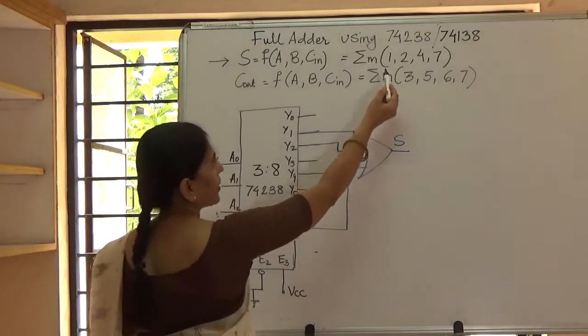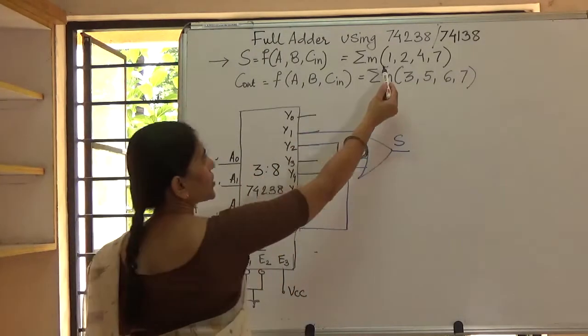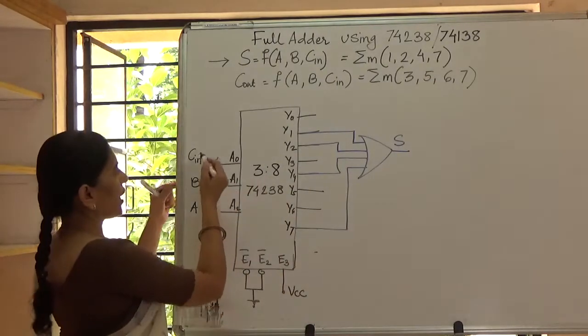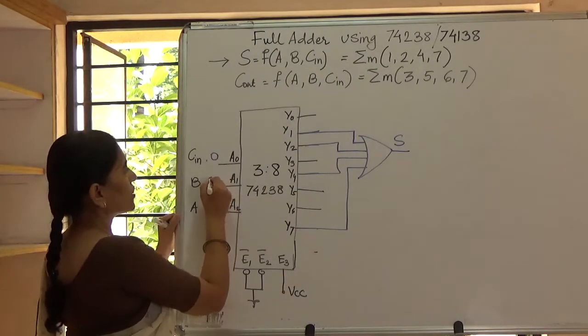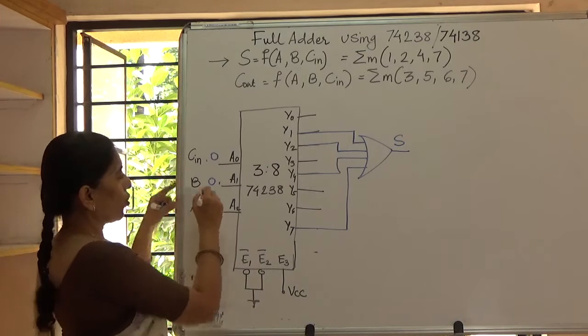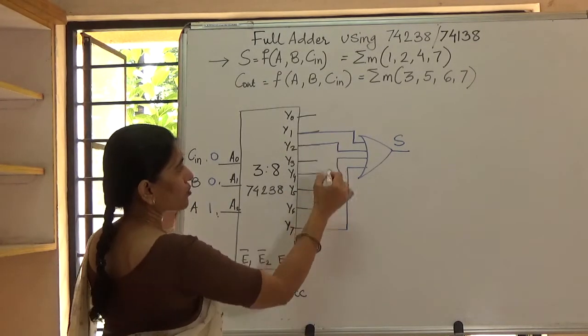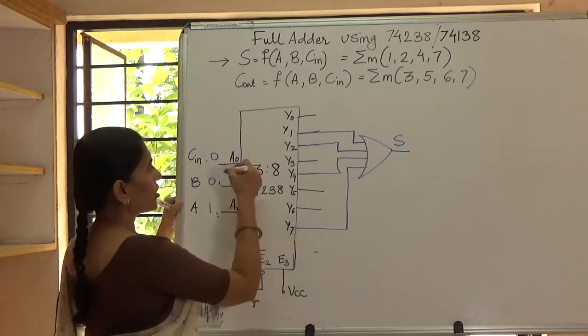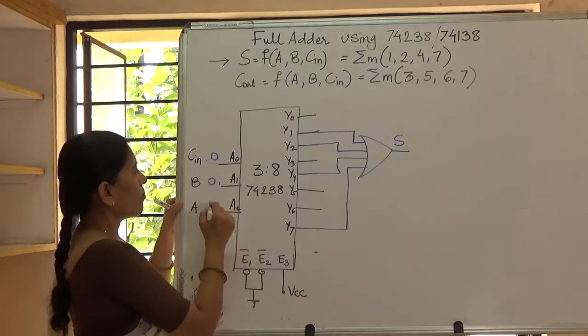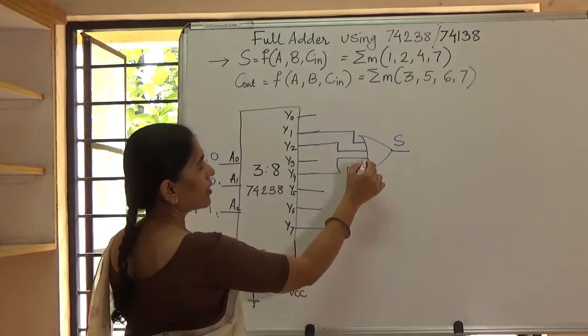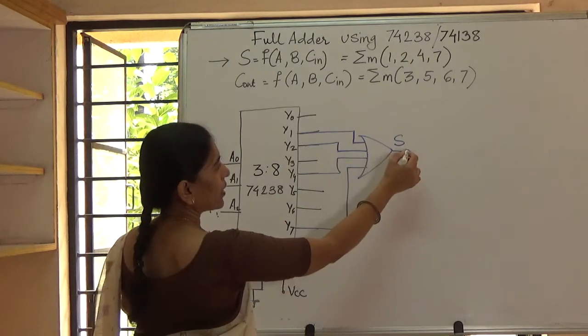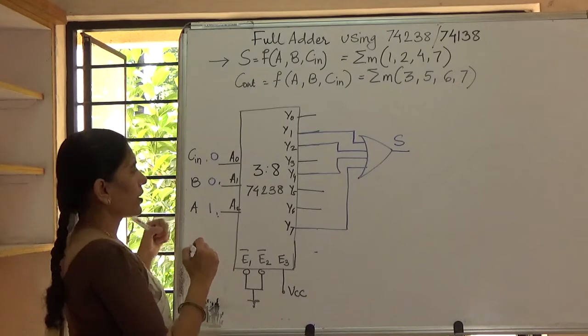So if the input bits take any of these combinations, let's take 4, that is 1, 0, 0, then the Y4 line will become 1. The other lines will obviously be 0 because their combination is not appearing on the inputs, but Y4 will become a 1. The input of this OR gate will become 1 and hence the sum will become 1.